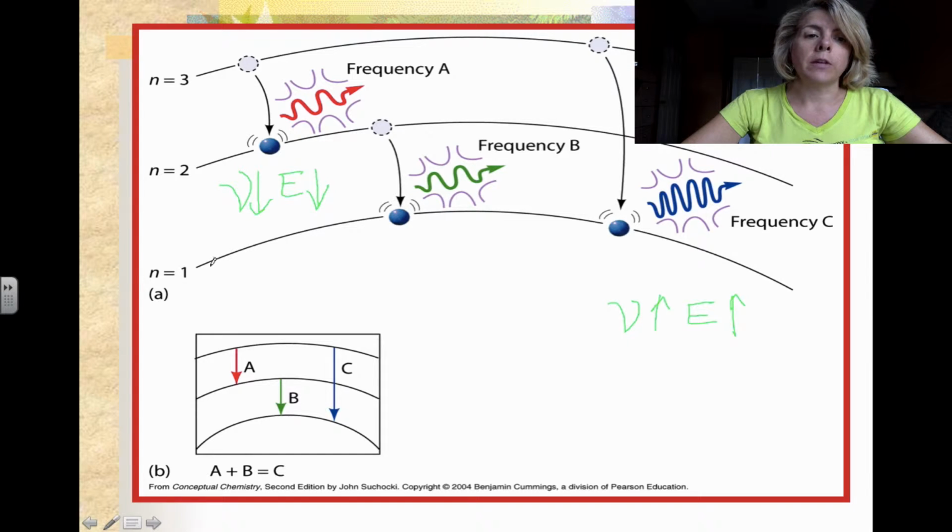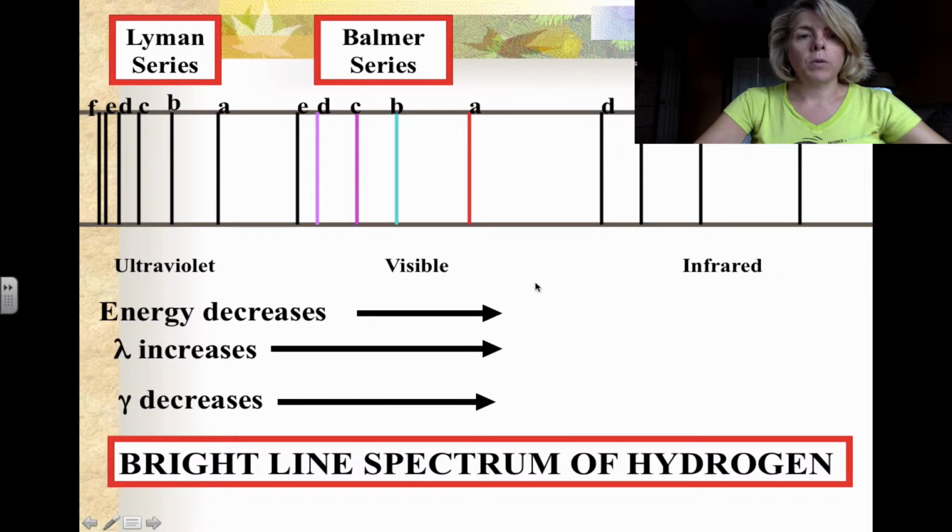But anyways, notice that going from energy level 3 down to 1 has the greatest energy level difference. Hence the reason we see a blue color: it's a larger energy requirement than going from 3 to 2. Now, what does this mean?